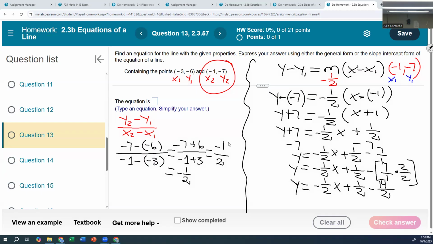So my final answer, the equation, will be y is equal to -1/2 x, and a positive 1/2 and negative 14/2 will be -13/2. And that is as far as I can go because 13 and 2 are prime numbers. I can do nothing else. There is no way to simplify this expression. So that is number 13. Again, if you have any question, shoot me an email.